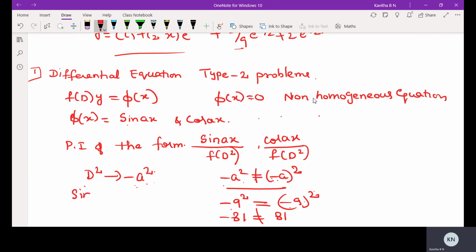The particular integral is equal to sin ax divided by f of minus a square. If we substitute minus a square and the denominator becomes 0, then what will happen?